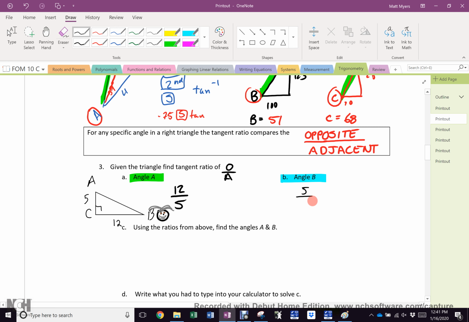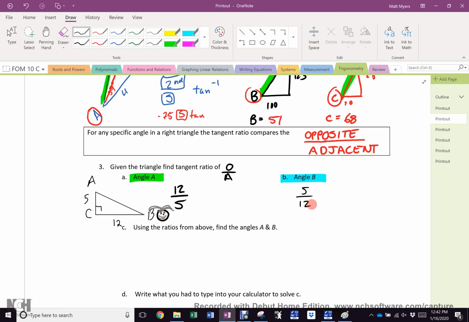And what is adjacent, but not the hypotenuse? 12. Does everybody see? Opposite and adjacent changes depending on where you are in the triangle. Is everybody cool? What line never changes? Hypotenuse is always the hypotenuse.